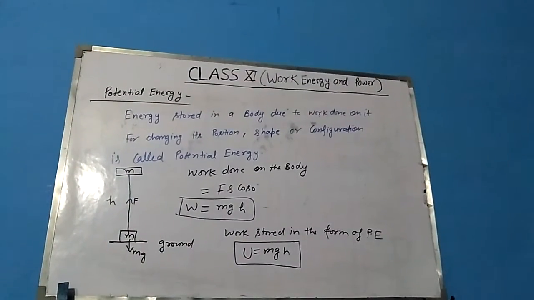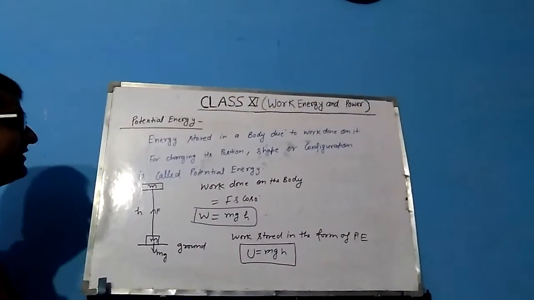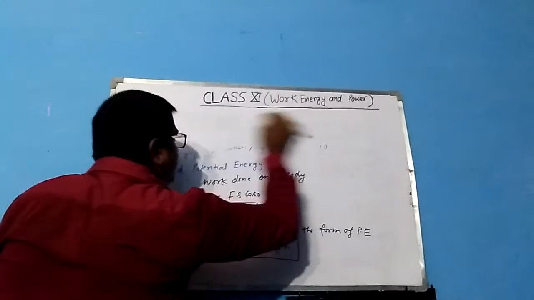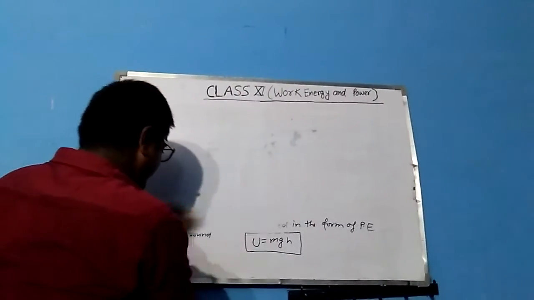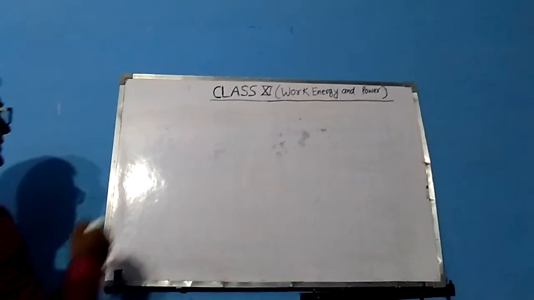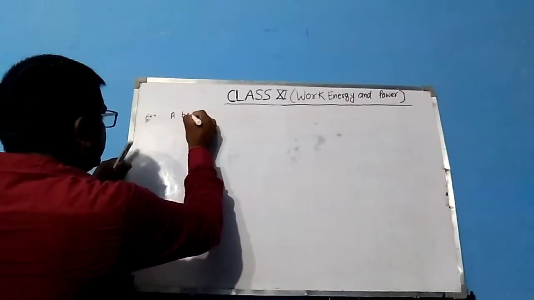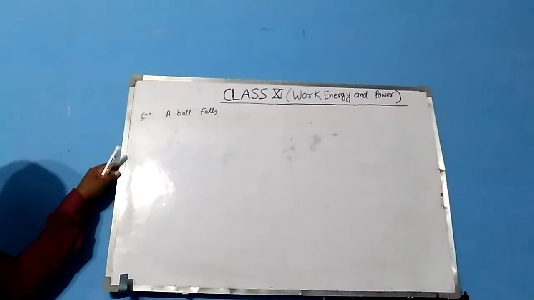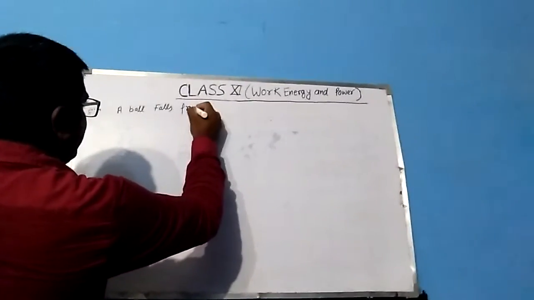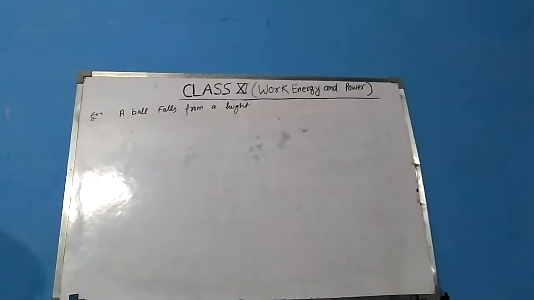Now we take an example on work, energy, and potential energy. A ball falls from a height of 20 meter.